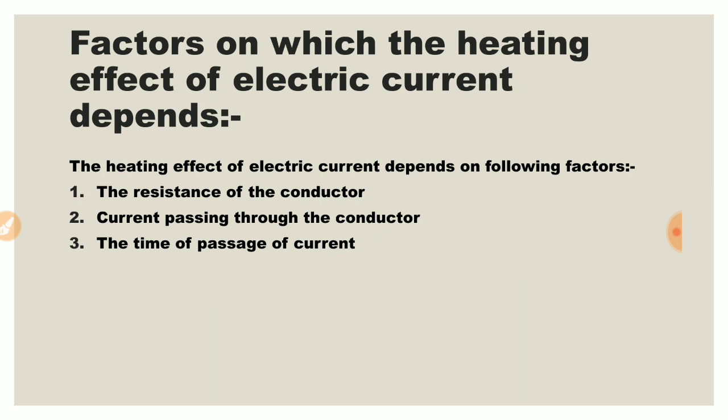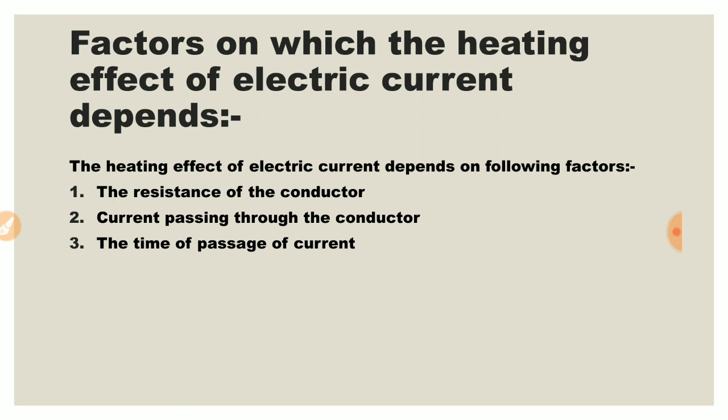Now, there are many factors on which the heating effect of electric current depends. So, first one is the resistance of the conductor. Second factor is current passing through the conductor. And the third factor is the time of passage of current.